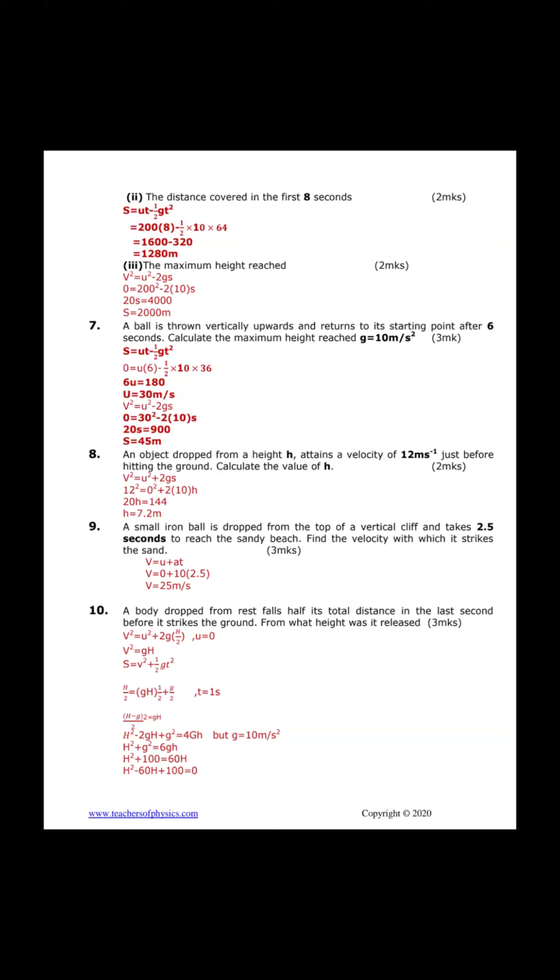Question 7 should also have it moving with an initial velocity of 30 meters per second. Calculate the maximum height, meaning we don't have the displacement.